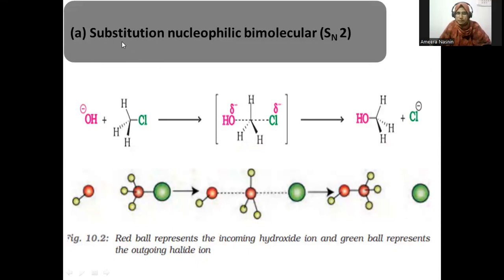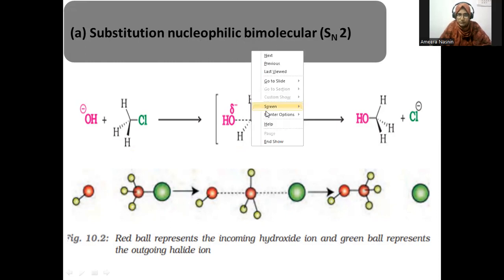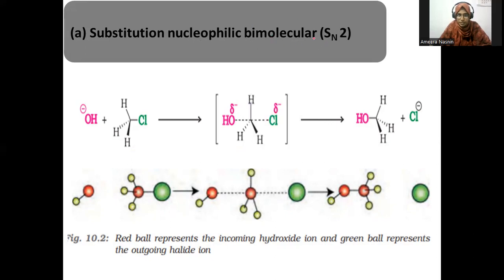As the name itself suggests, substitution nucleophilic bimolecular reaction is a bimolecular reaction, which means if the reaction is proceeding by this mechanism, the rate of this reaction will depend upon two species. Bimolecular reaction, bi means two.